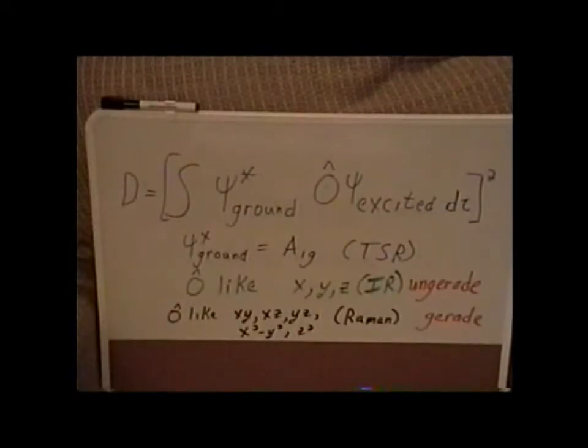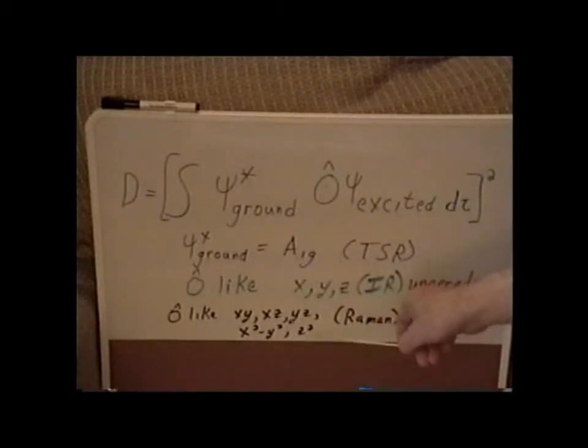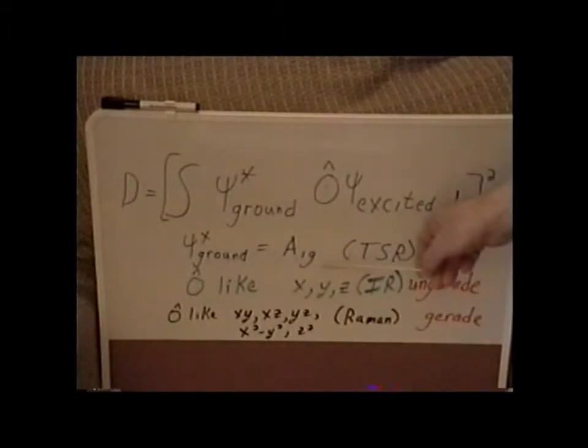In Raman spectroscopy, on the other hand, the operator will transform like xy, xz, yz, x squared minus y squared, or z squared. We can notice that these are all quadratic terms, whereas the infrared operator transforms like linear functions.